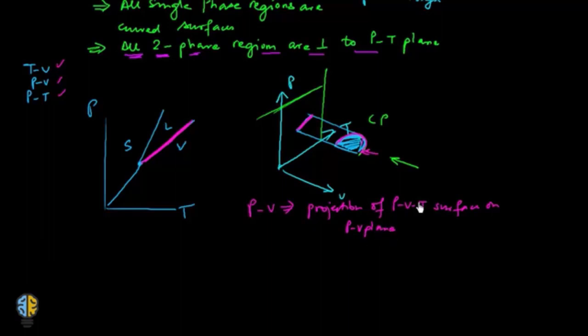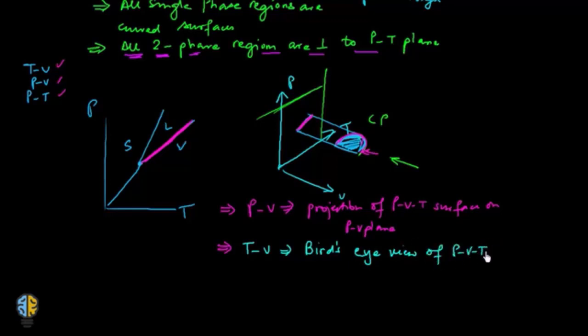If you have a look at it, you'll understand it better. Just remember this for the sake of competitive exams. Second, the TV diagram, the temperature volume diagram, is a bird's eye view of the PVT surface.